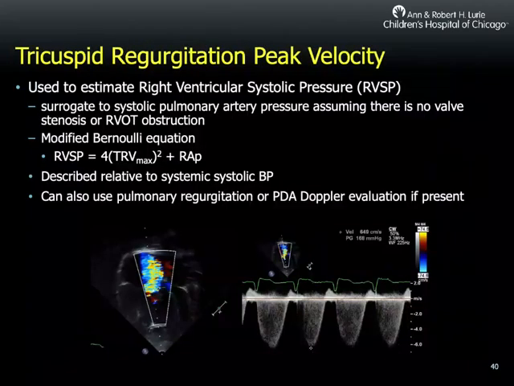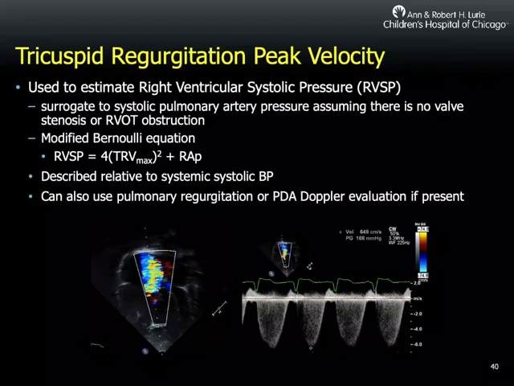So what is your TR gradient or your peak velocity? It's helpful to estimate predominantly the right ventricular systolic pressure. On an echo report, if there is a good TR, meaning your tricuspid regurgitation shows a nice envelope so that there aren't any areas where you're not able to capture the TR, we are able to measure the peak tricuspid regurgitation velocity.